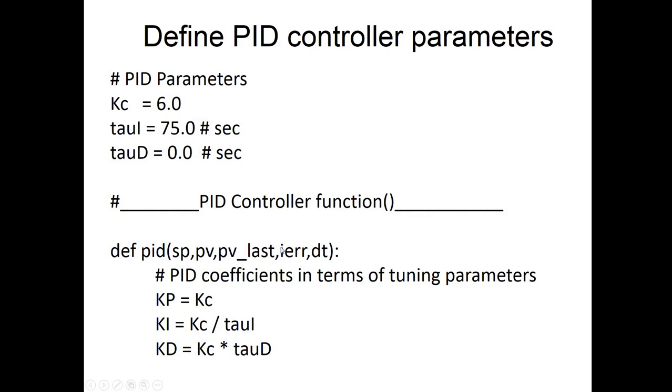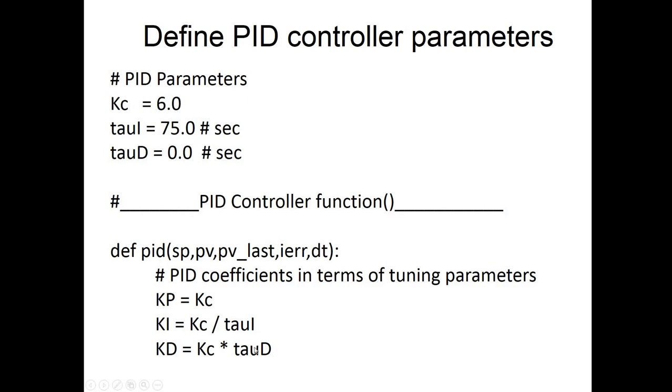This is the integral error, and dt is the time step. Every second you are taking data, or every millisecond you are taking data, that is dt. Now the capital Kp is equal to Kc. Capital Ki is the real parameter which we are looking for, the integral constant, which is Kc divided by tau I.